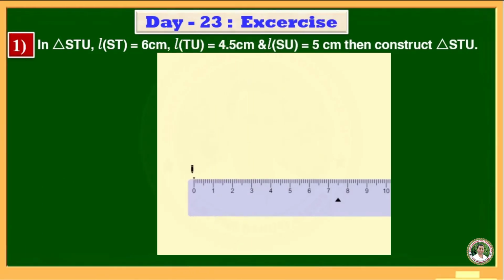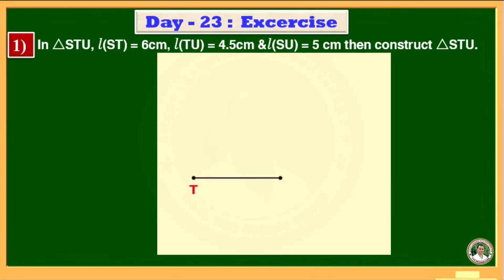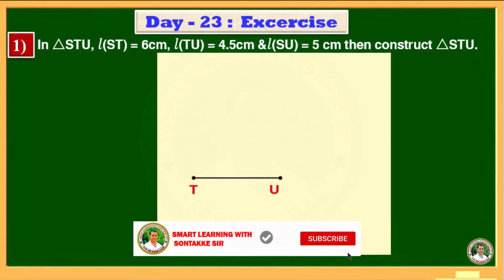Answer of first question is, first draw TU of 4.5 cm by using scale and name it as TU of distance 4.5 cm.